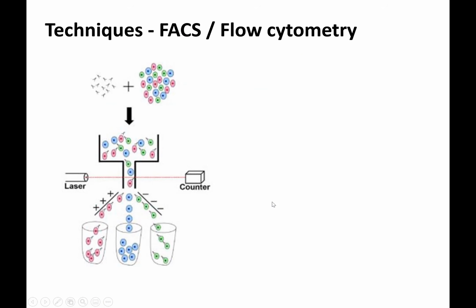Another method they talk about in this paper is called flow cytometry, or FACS. And so the idea here is you have a population of cells or molecules. So it's heterogeneous, meaning you have multiple different types.